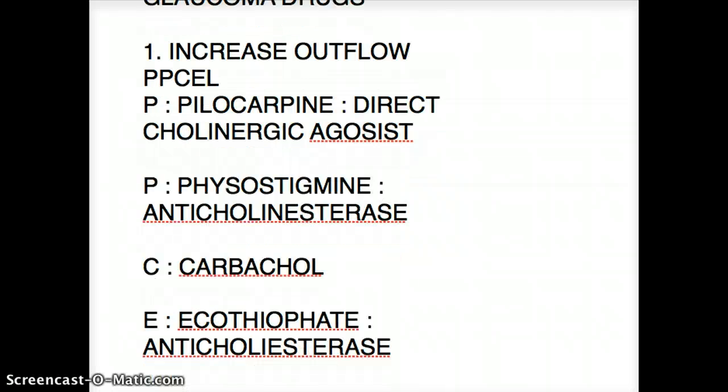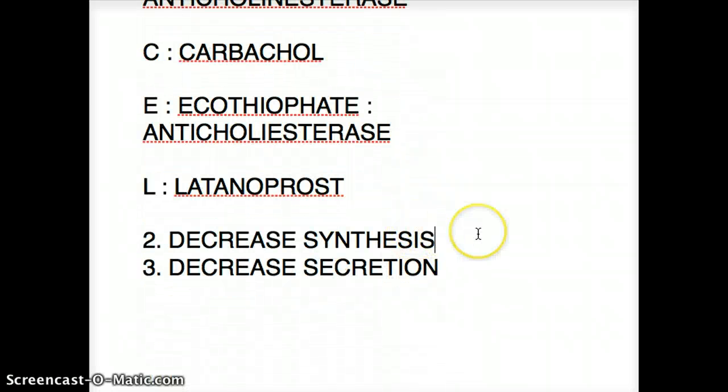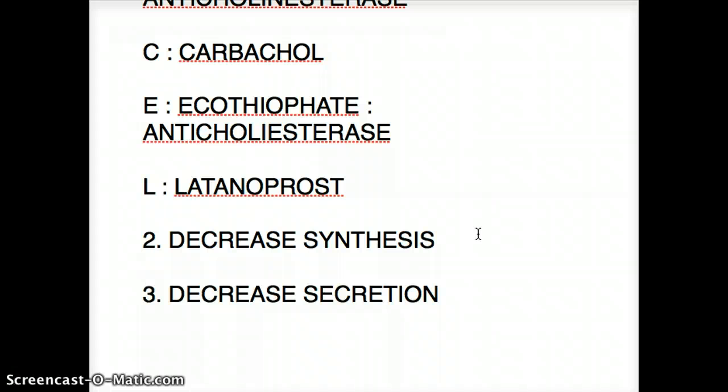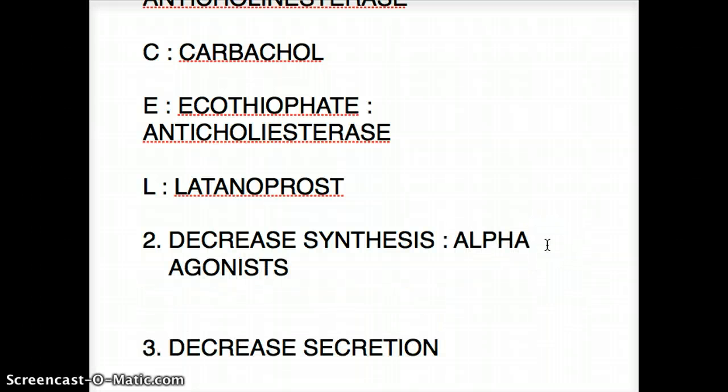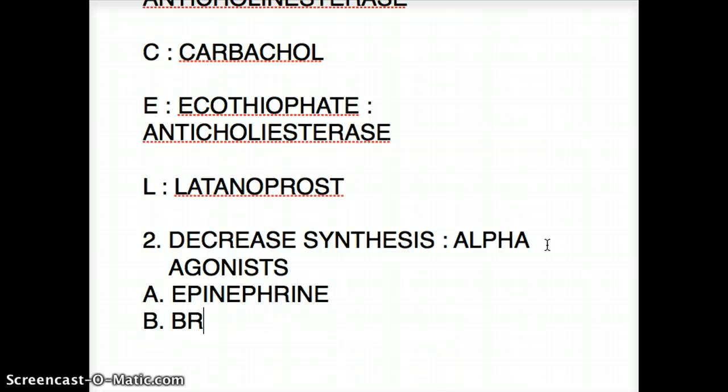The second category is the one that causes decreased synthesis. The ones that cause decreased synthesis are alpha agonists. There are different types, and the most common are epinephrine and brimonidine. These are the two types of glaucoma drugs which are alpha agonists.